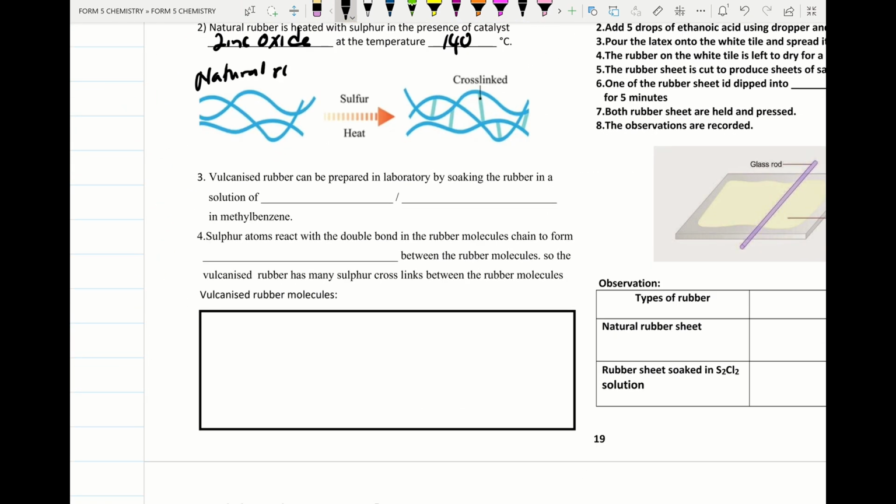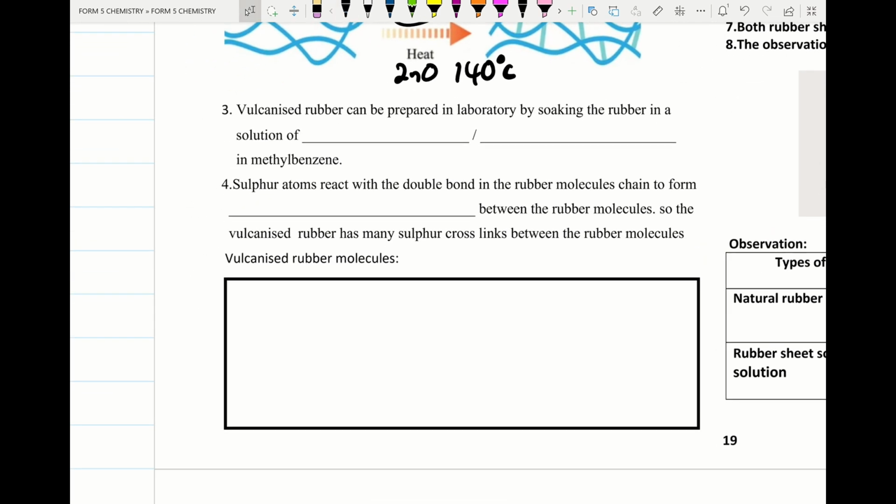The natural rubber does not contain sulfur crosslinks. When heated with sulfur atoms in the presence of zinc oxide at a temperature of 140 degrees Celsius, the sulfur crosslinks will form between the rubber polymers. All right, the vulcanized rubber can be prepared in the laboratory by soaking the rubber in disulfur dichloride solution, or we can take another one, sulfur monochloride solution.